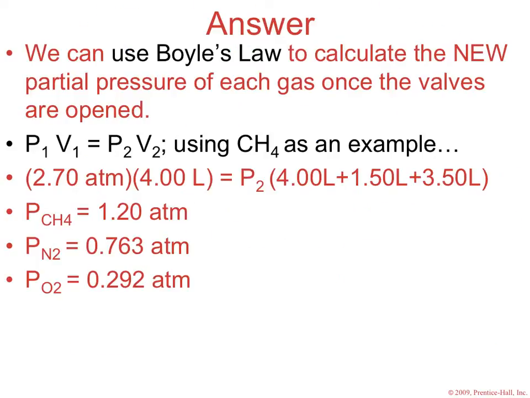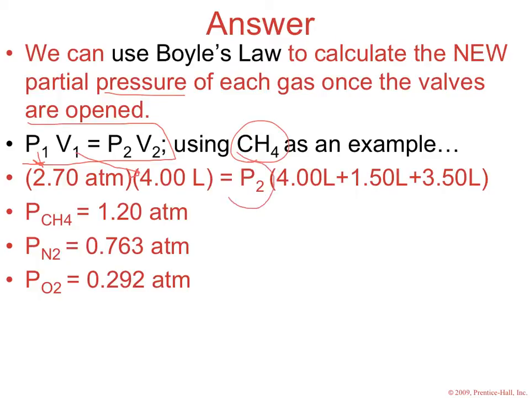All right, so the first thing that you want to do is use Boyle's law to calculate the new pressure of each of the gases because the volume has changed. So using P1V1 equals P2V2 and starting with methane, CH4, the original pressure of methane in the small container was 2.7 atmospheres and it was a 4-liter container.